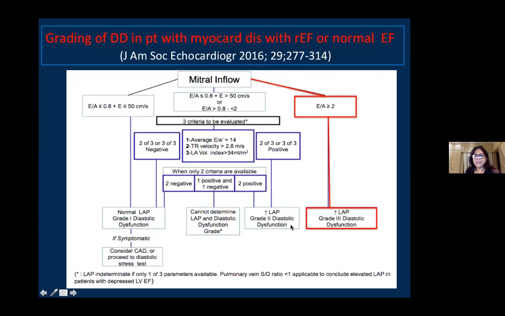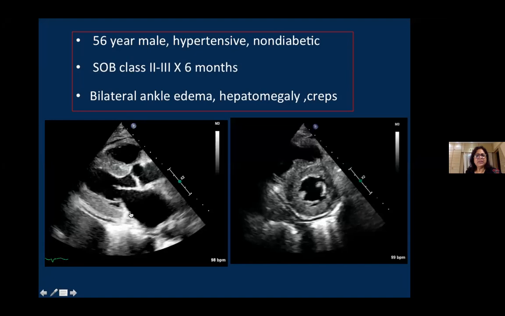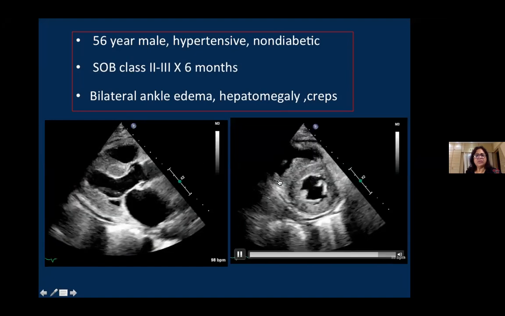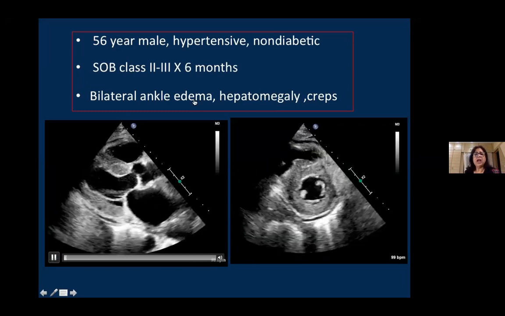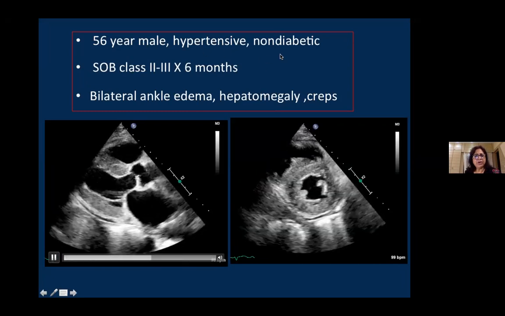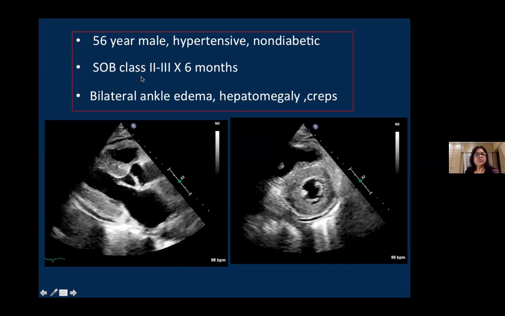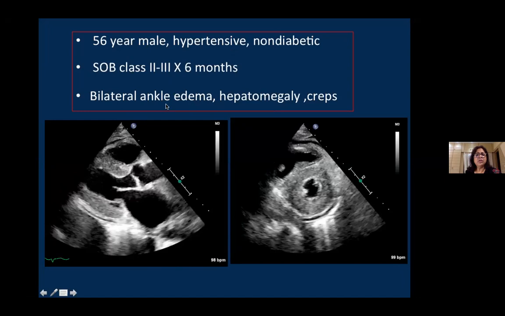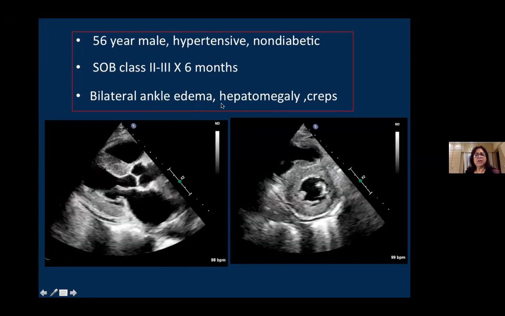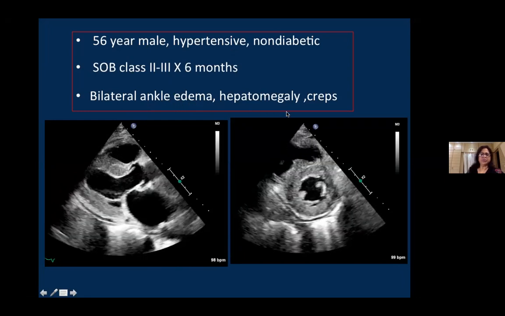So this is an example. You see that case of cardiac amyloidosis, who was a 56 years old male. He was hypertensive also, non-diabetic, presented to us with shortness of breath in class 2 to 3 for the last 6 months, along with bilateral ankle edema. We found hepatomegaly and crepitations.